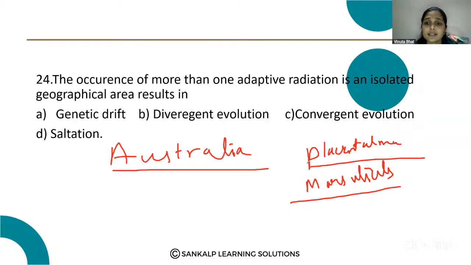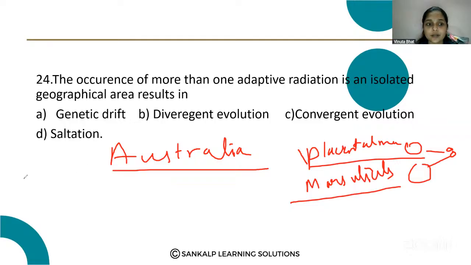So when the organisms from both move to the same island, they develop similarities. For example, the Tasmanian wolf and the placental wolf look similar. That is because of the adaptive radiation of both of these organisms. So what type of evolution does that lead to?